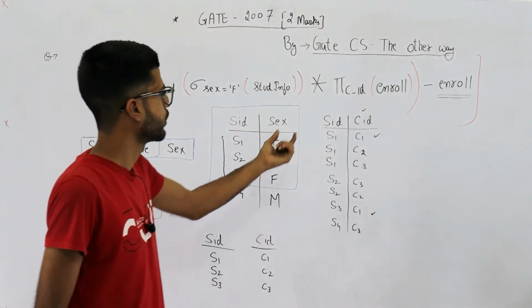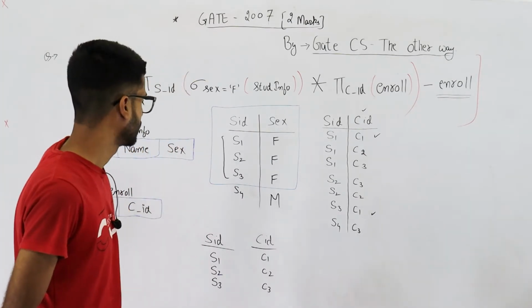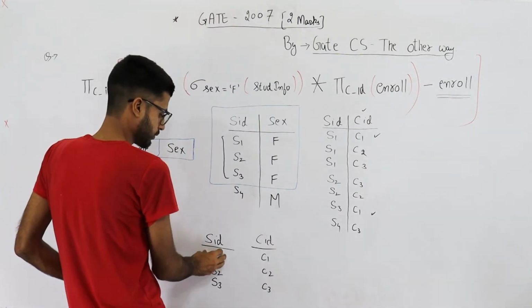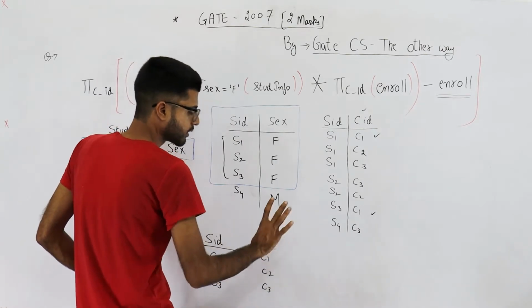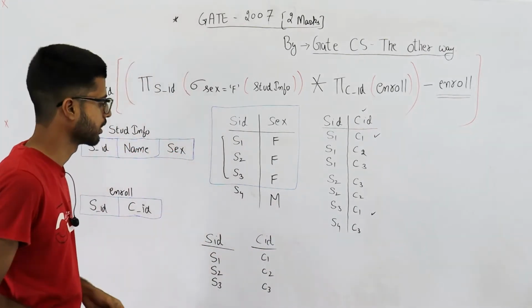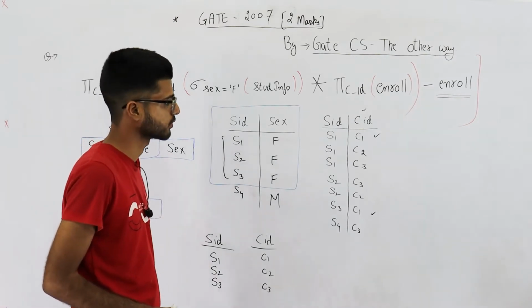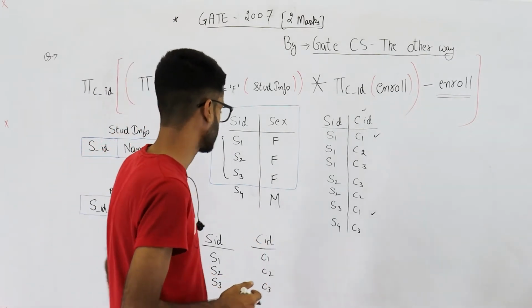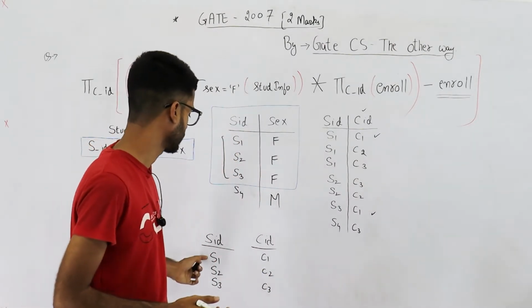Now you need to perform a cross product. Performing a cross product means pick up the first data item from the first table and link it with all the data items from the second table, and perform this for S2 and S3 as well. Let's write the cross product here. It's going to have 9 rows.